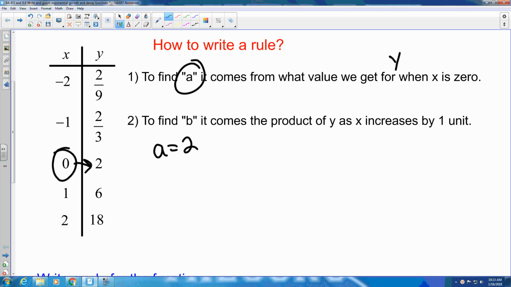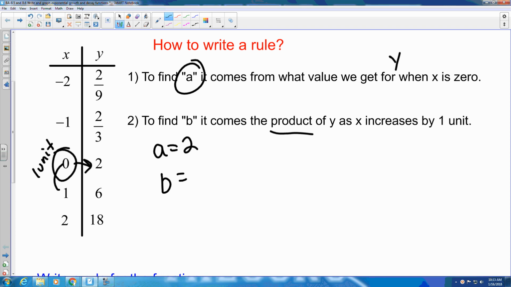The next thing is we have to find the value for b. Once we find a, we can look for b by taking the product of y as x increases by 1 unit. So if you look here, from 0 to 1, this is 1 unit.